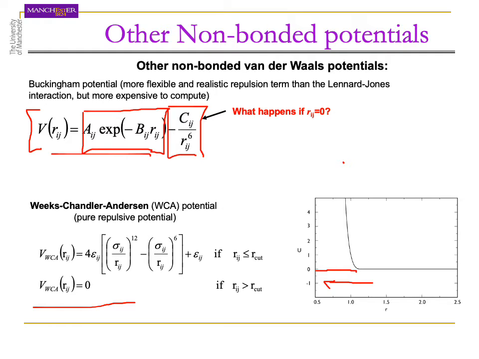The problem with the Buckingham potential is that it is much more expensive to compute, and molecular dynamics simulation people usually prefer the Lennard-Jones potential because it is much cheaper to compute.